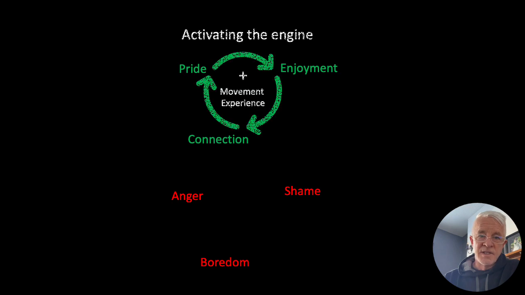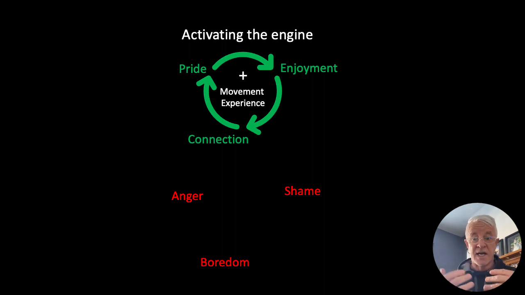So here in this slide, we can think about activating the physical literacy engine where we get competence, confidence coupling, and then we are motivated to move. And the emotions that I've shown in this diagram for the green activation are things like pride. When you feel competent and confident, you feel pride in yourself. When you learn something new or get distracted from life, you feel enjoyment or fun.